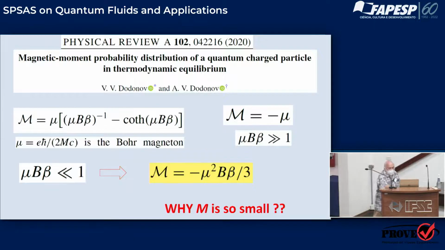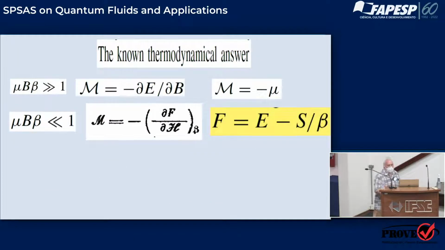Why this happens? One answer can be named thermodynamical, because I showed you already that the mean value of magnetic moment is a derivative not of energy. This derivative appears only at 0 temperature when we have no external world.